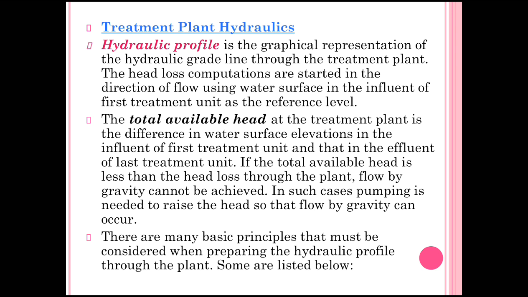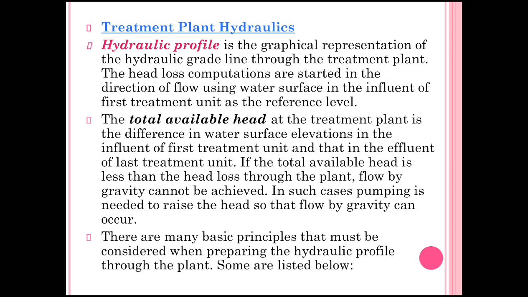Now the next is the treatment plant hydraulics. A hydraulic profile is the graphical representation of the hydraulic grade line through the treatment plant. The head loss computations are started in the direction of flow, using the water surface in the influent of the first treatment unit as the reference level.